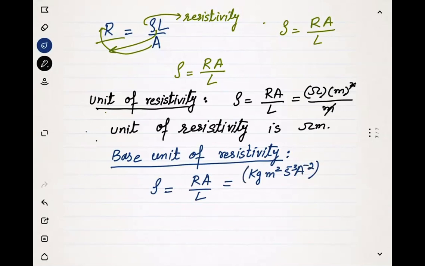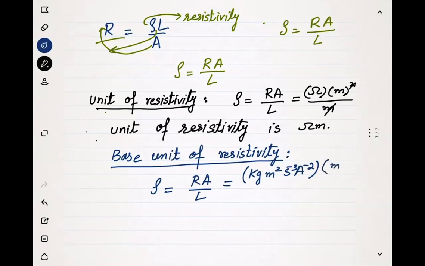This is the base unit of resistance that we already found. One method to memorize this is that resistance is power over current square. Power is kilogram meter square second minus 3, over current square, which is ampere square.